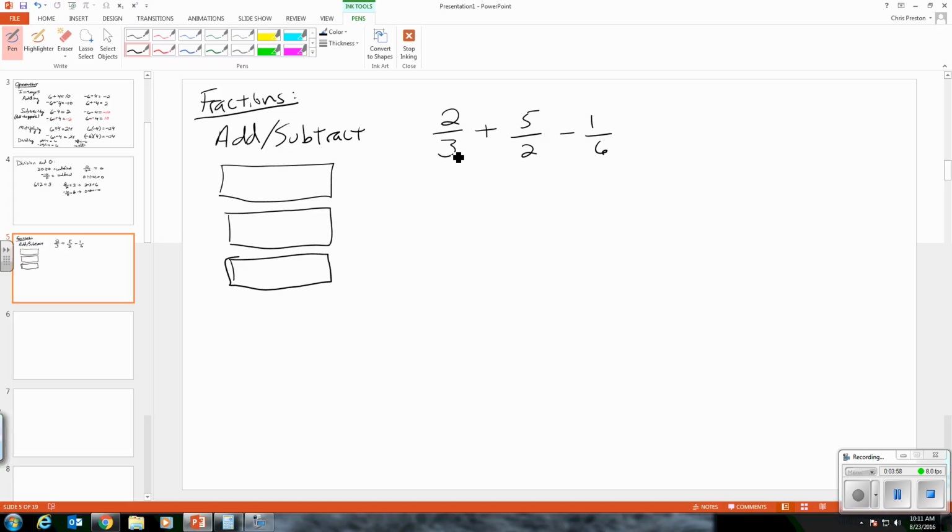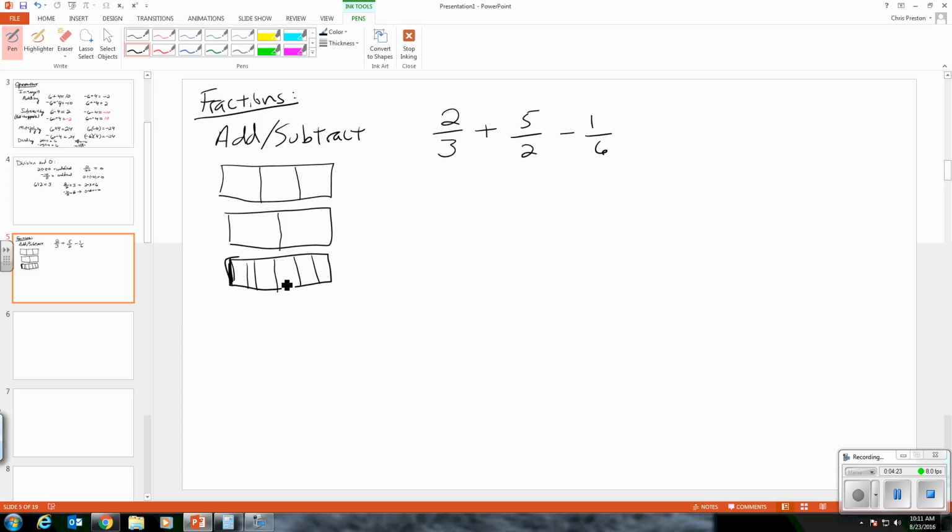This first one is split into thirds, whereas the second one is split into halves, and this third one is split into 6. I'm trying to compare 2/3 to 5 halves, and then taking off 1/6.